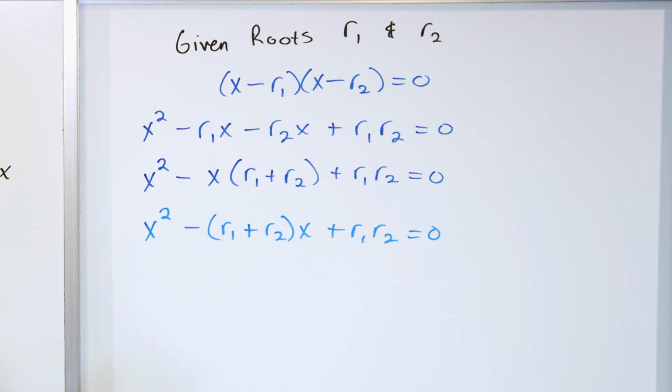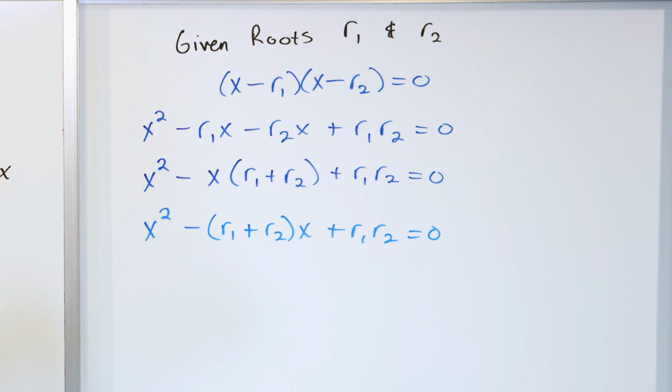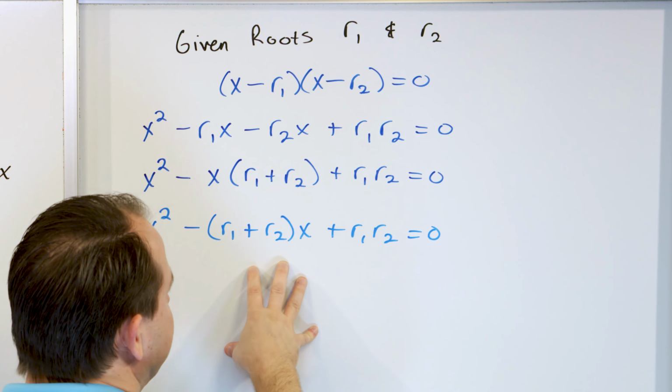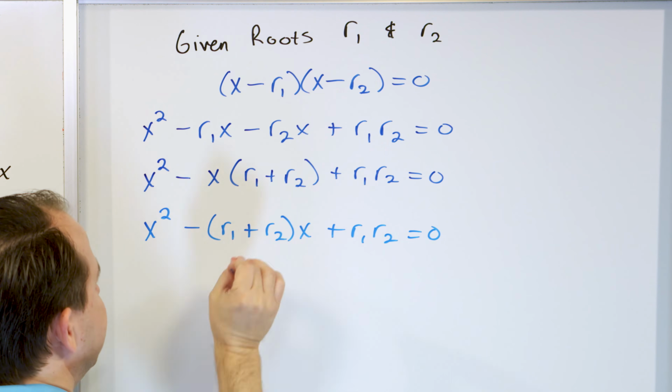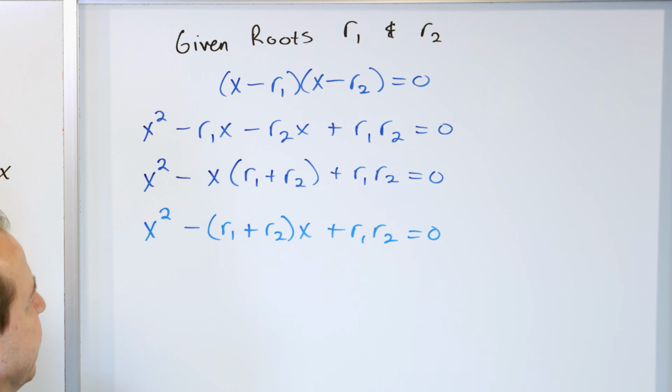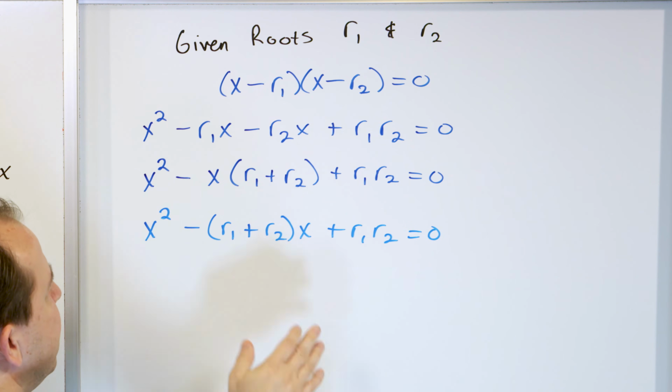What does this mean? All right. What this means is that if I give you roots r1 and r2, then all you have to do to figure out the polynomial or the quadratic that has those roots is stick it into this equation. It's already built. You stick r1 and r2 in and add them together, and that's going to be in front of the x term. And then these two, r1 and r2, are multiplied together. And then you have a polynomial.